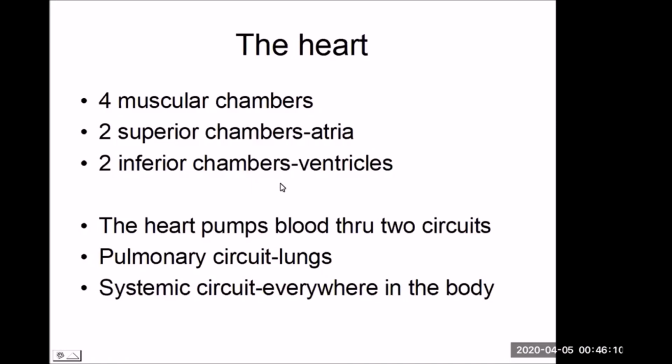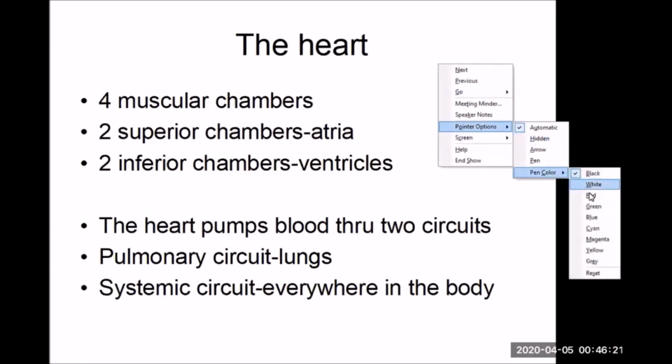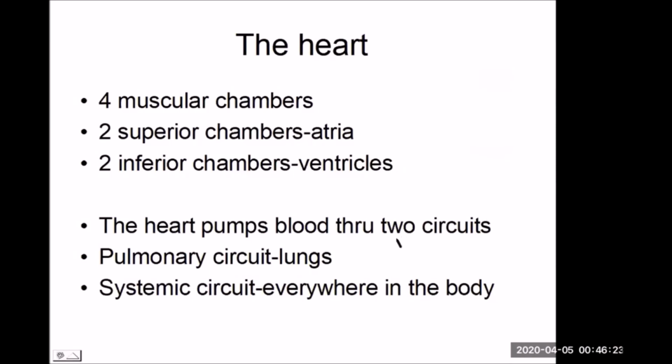And the pump itself is the pump for the cardiovascular system, propelling our blood through a network of arteries, veins, and capillaries. And those network of blood vessels are referred to as these 2 different circuits.